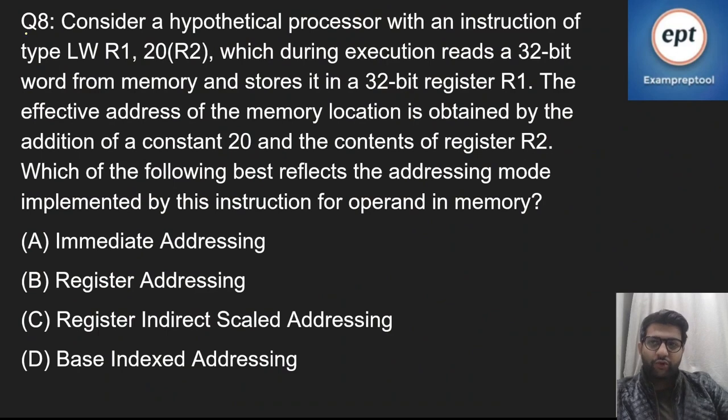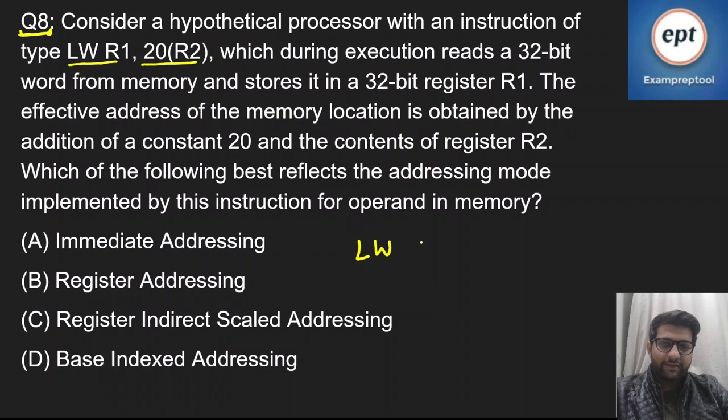So let's move on to question number 8. It is given that, consider a hypothetical processor with an instruction of type LW R1, 20(R2). So the instruction is given as LW R1, 20(R2), which during execution reads a 32-bit word from memory and stores it in a 32-bit register R1.